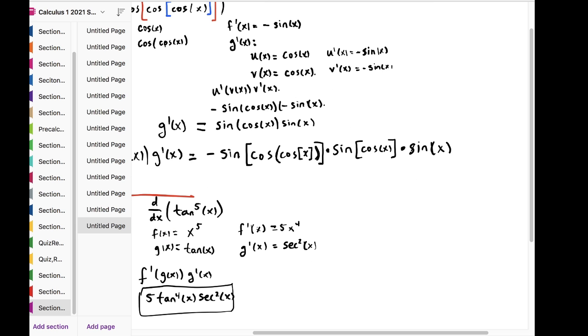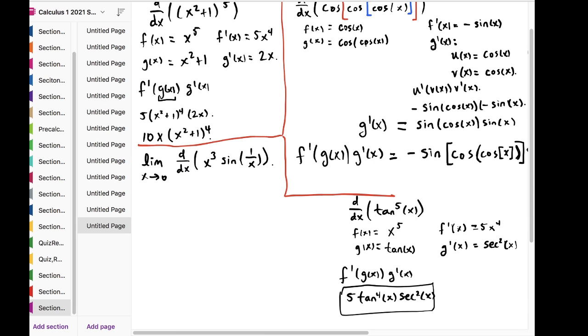Okay, so let's do this one. A new page. So the limit as x goes to 0 of the derivative of x cubed sine of 1 over x.